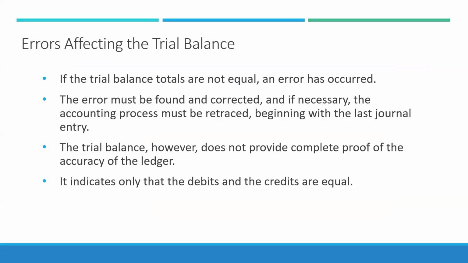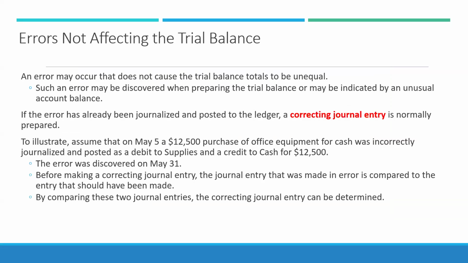If the trial balance totals aren't equal, guess what? Something happened. The error must be found and corrected if necessary. You got to figure out why your debits aren't equaling your credits. It's so easy when you're doing it by hand for it to happen. An error can occur that doesn't affect the trial balance, but generally it's because you input the transaction incorrectly.